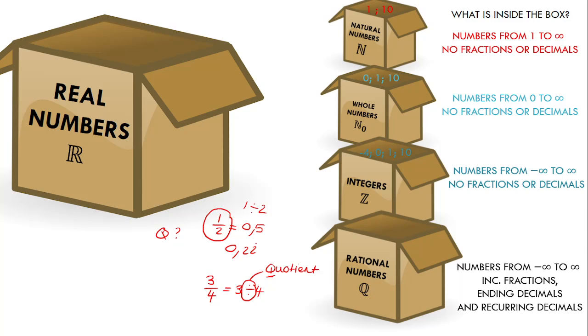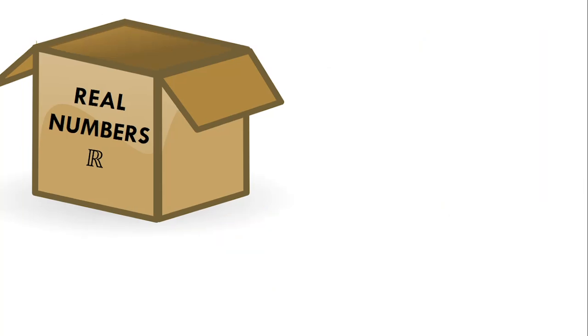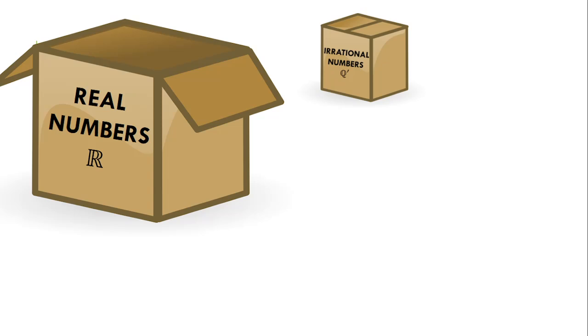The next thing is, I don't know if you remember those boxes that were closed. The one box that was closed, the first one that was there, was irrational numbers. The reason I've closed it is because our number system looks like this. We've got our natural numbers, and natural numbers fall within whole numbers.